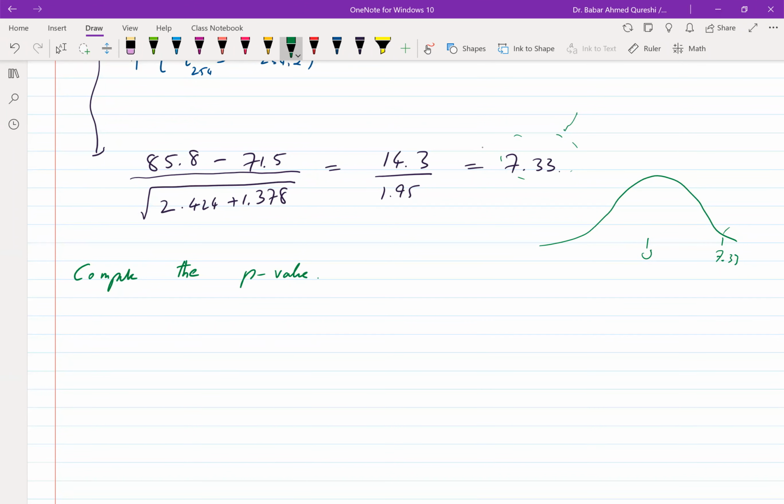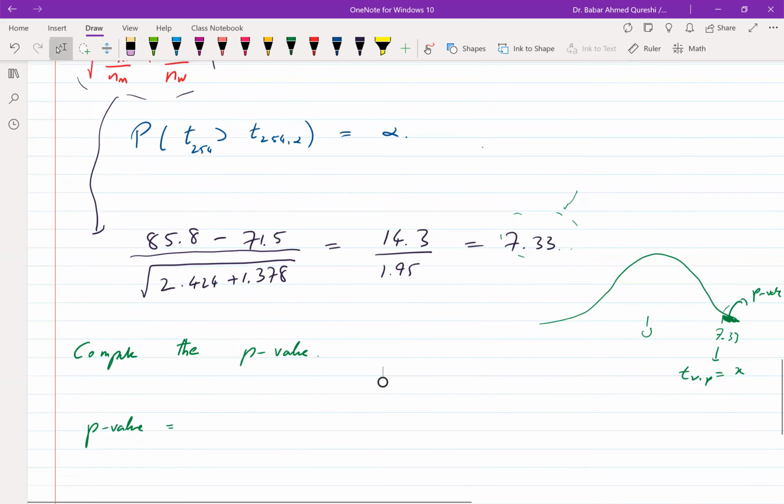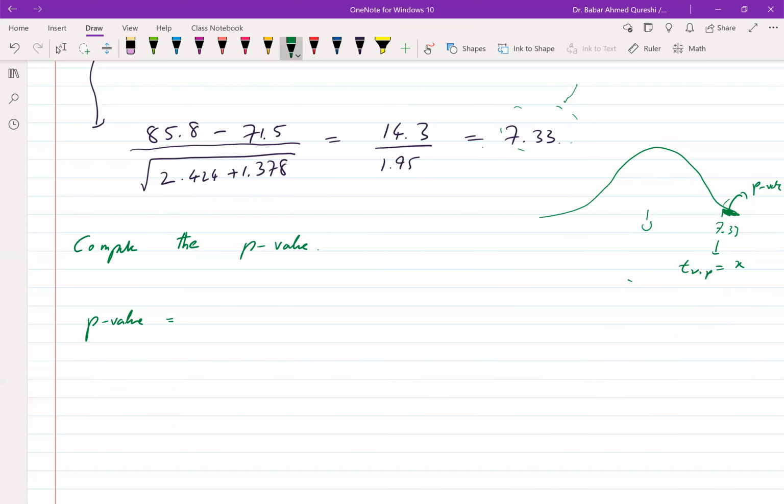The number you observed, you put it equal to your critical value and then compute how much probability you have here by putting this equal to whatever you observed. In this case, I got 7.33.